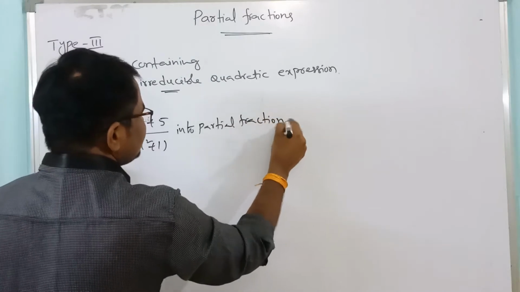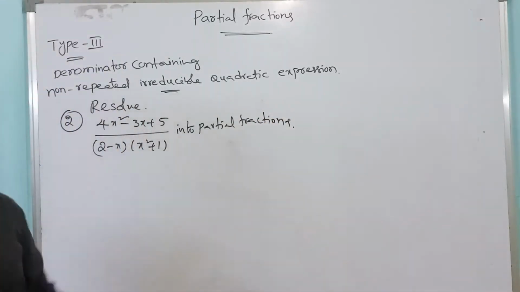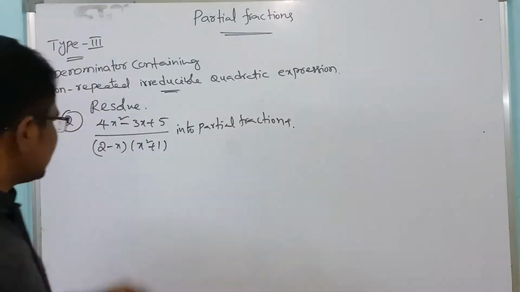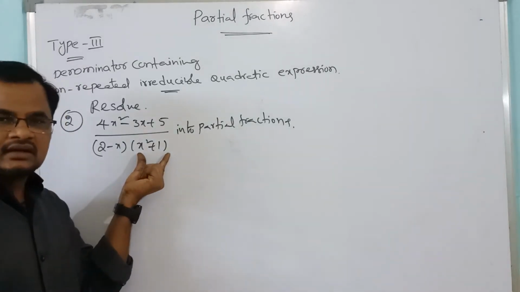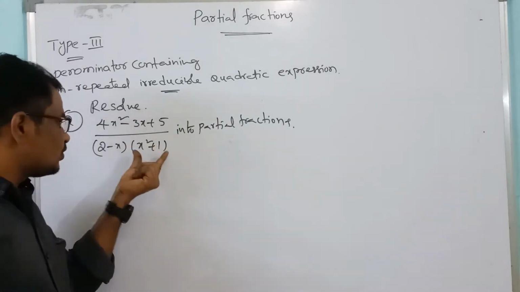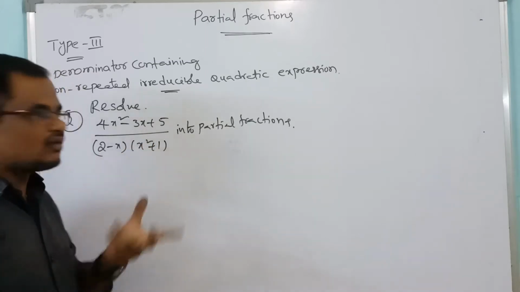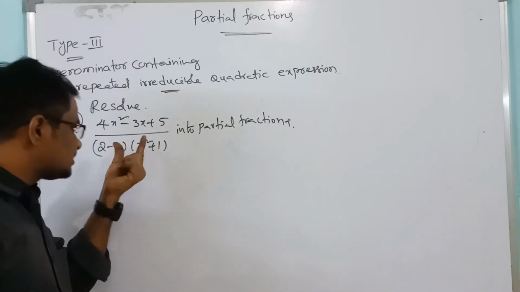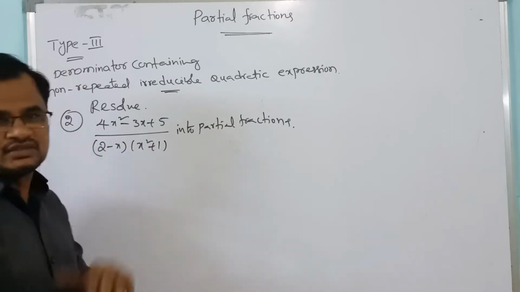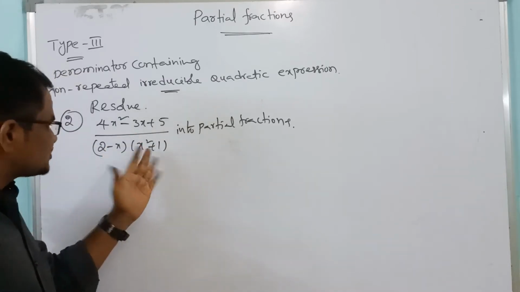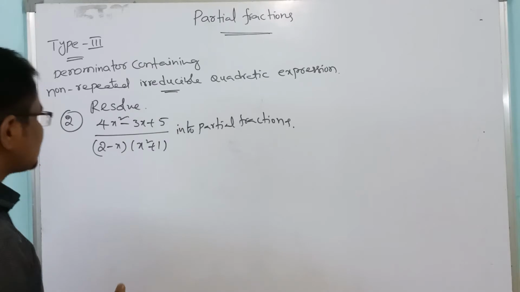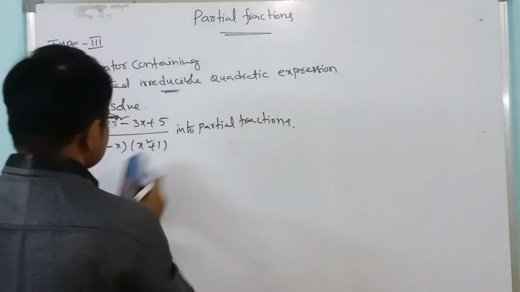We have to identify which type of problem this is. Clearly here, one non-repeated linear factor and only one quadratic expression is there, that is irreducible, which means it has no factor.